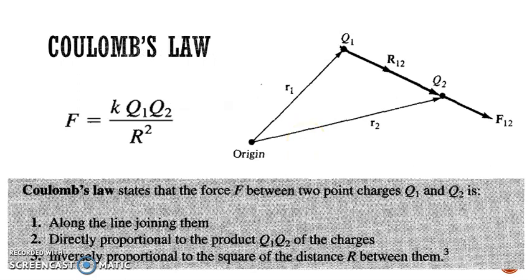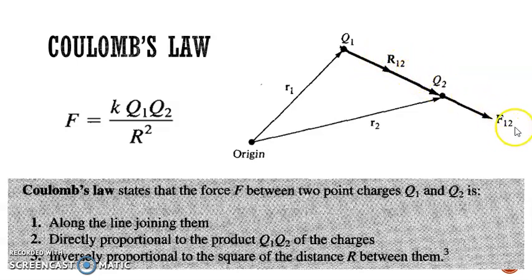What Coulomb says is this. Say I have a point charge q1 here, and there is another charge q2. We need to find the force that q1 will exert on q2. We represent that force as F12. Suppose the distance between these two point charges is r12, from q1 to q2.